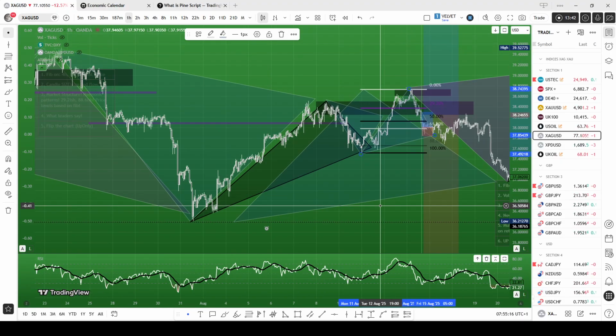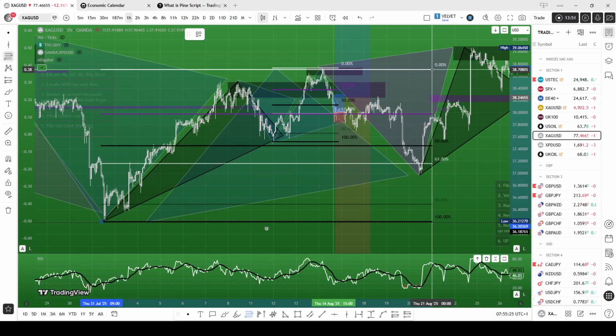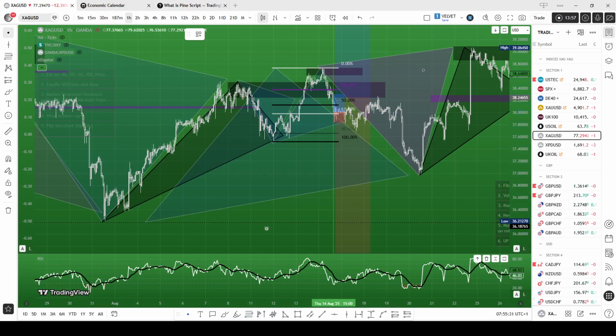Yeah, I was really studying the markets using some crazy triangles. A blue triangle. What it actually is.